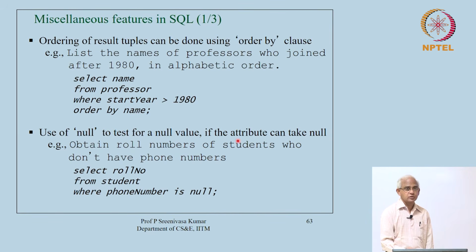Null values in SQL tables could be present for various reasons, because you do not know the exact value or the value is not applicable, etc. So, for multiple reasons there could be a null value, and you can check whether the actual value is null. It is recommended to use these things. The equal to null does not work actually, it is is null that works.